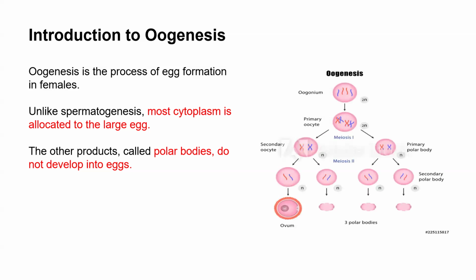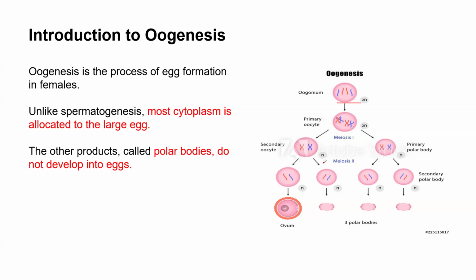As we can see clearly from here, this is oogenesis, which starts from the oogonium. From this oogonium, you can see we have 2N, it is diploid. Then through mitosis it divides, and we have the primary oocyte and the secondary oocyte, which divides into 2.